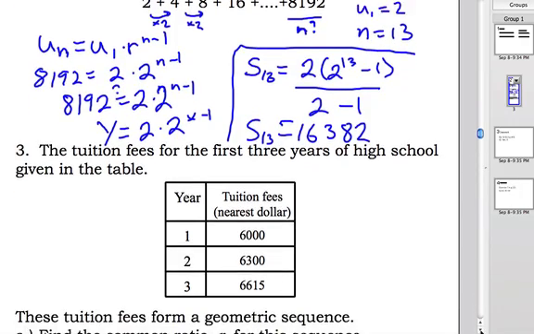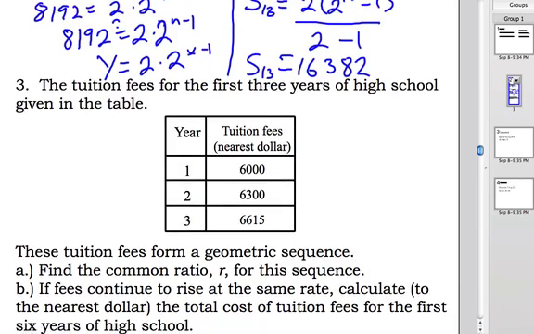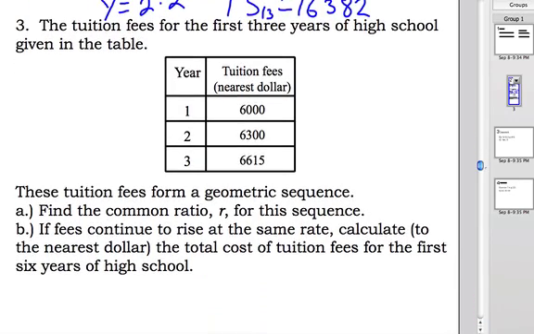Okay, next we have the tuition fees for the first three years of high school are as follows. A, find the common ratio. So we can do that by just dividing here. 6,300 divided by 6,000 should be equal to 6615 out of 6,300 if it's going up at a constant rate.